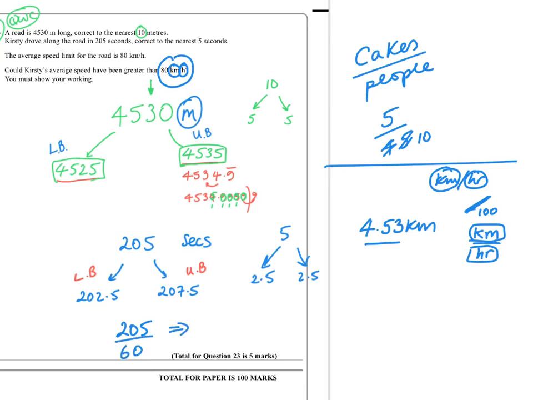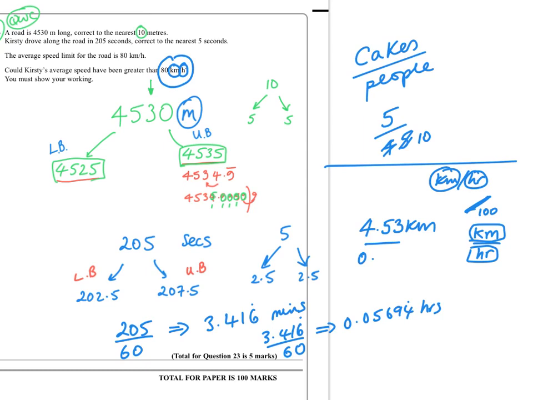So we've got 205 divided by 60, which gives us 3.416 recurring minutes. And if we divide that by 60 again, we'd get 0.05694 recurring hours.